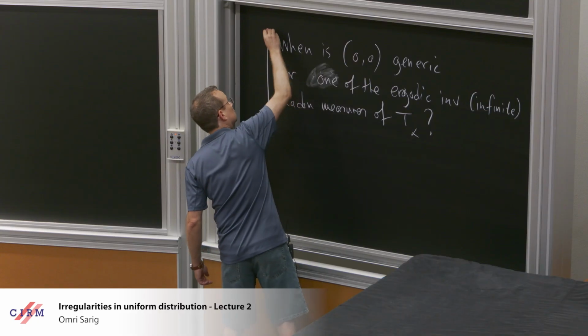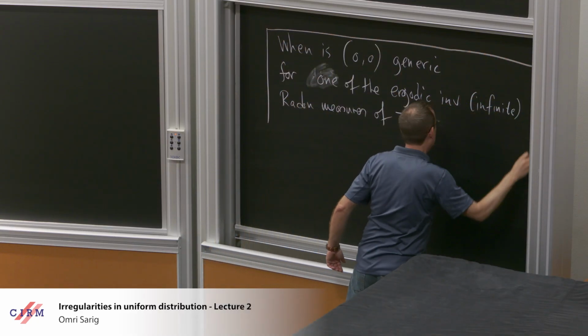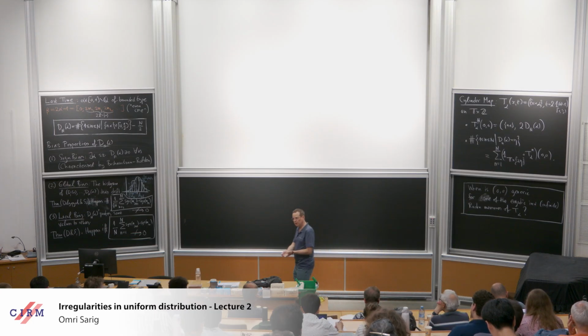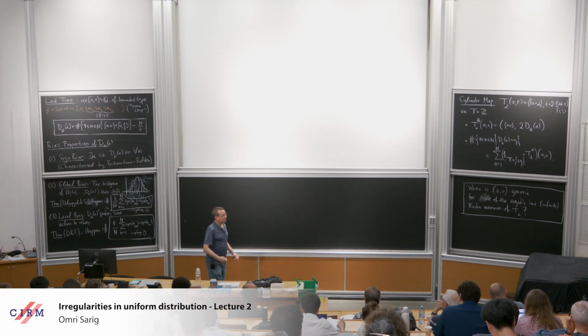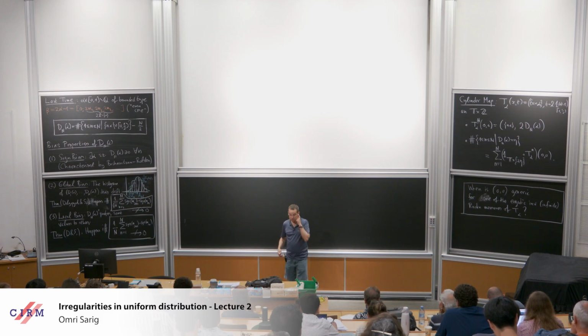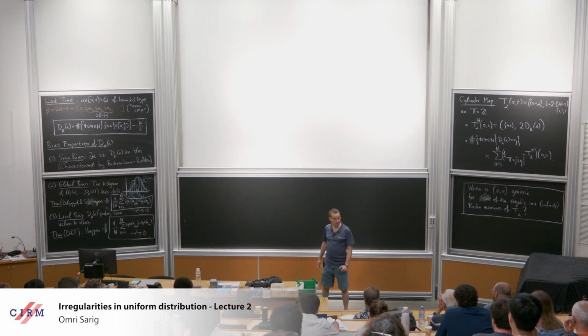Okay, so this is the question. We described these measures last time. It's a one parameter family. If you are generic for the Haar measure, then the limit will always be 1, and there is no local bias. If it's not generic for the Haar measure, then we will have local bias. If we are generic for one of the other measures, mu_c, then we will have exponential bias. We discussed this last time. Okay, so this is where we are.